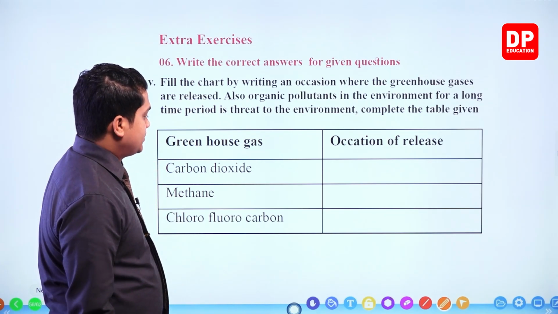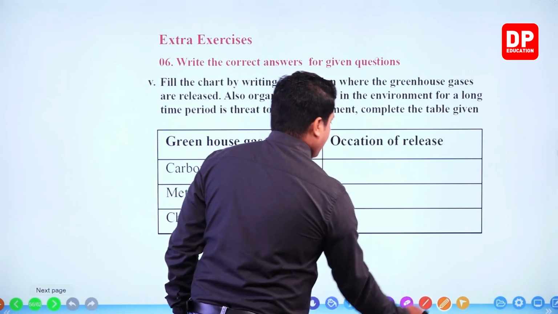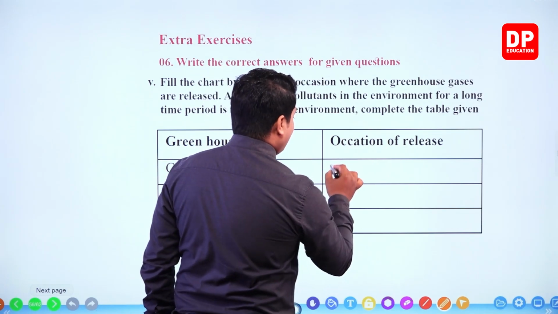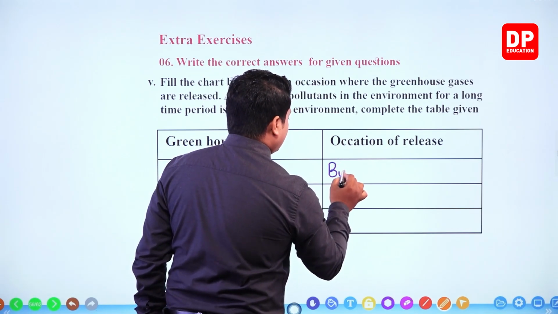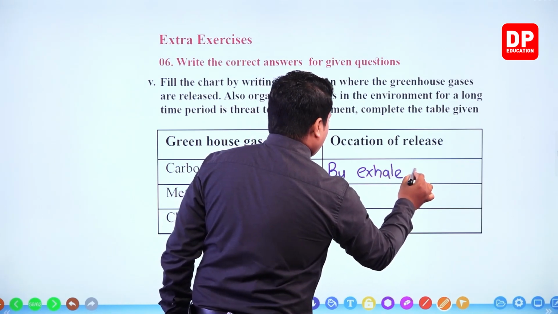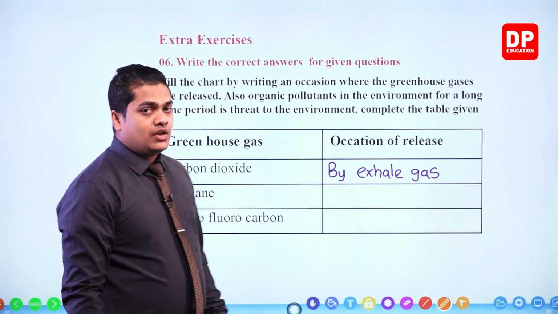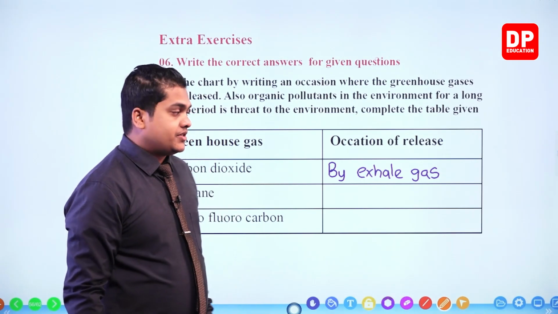Carbon dioxide: occasion by respiration, right? By exhaled gas. So by exhaled gas, carbon dioxide is going to be emitted.